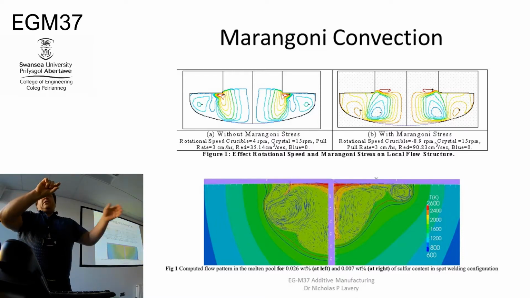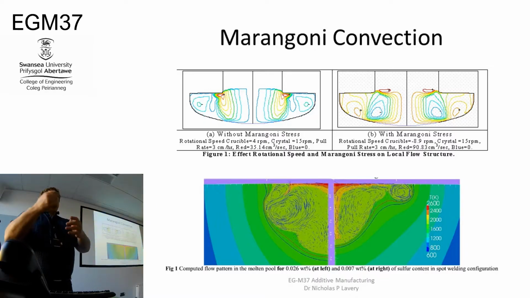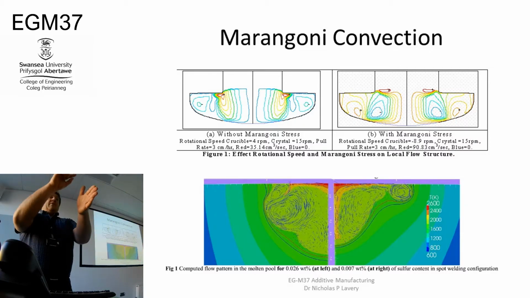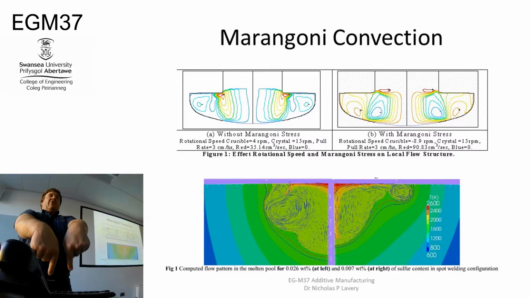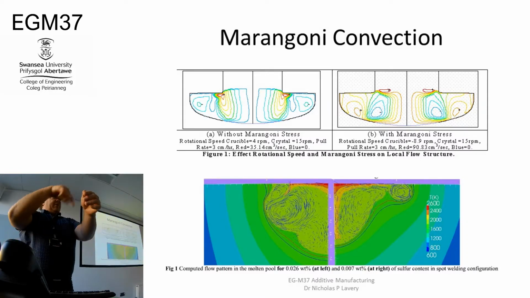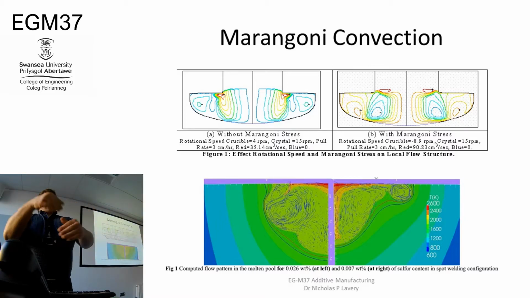So it has a big effect upon how you would select your material and machine properties. You would choose a wider hatch spacing, or a narrow one, and you might have to set different powers to make sure that if you're getting Marangoni convection, which assists the flow of the melt pool down, it doesn't go too deep and form a keyhole. To avoid that, and it's only very, very small differences which can cause that.